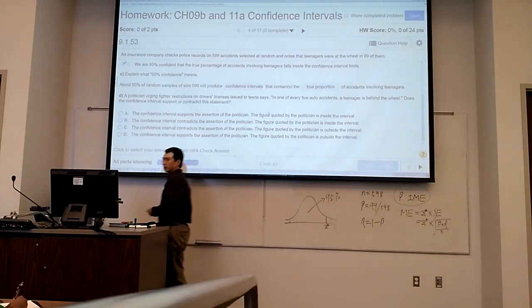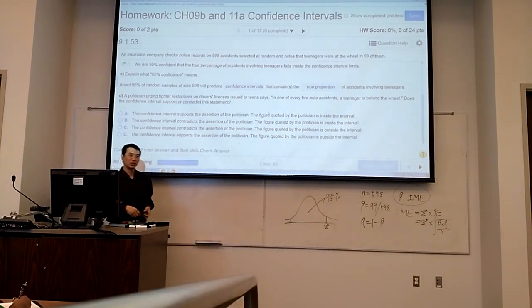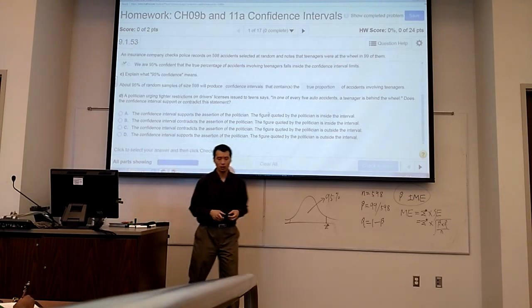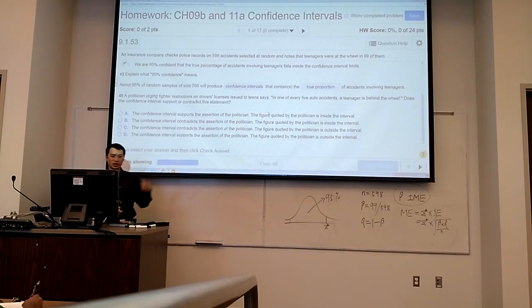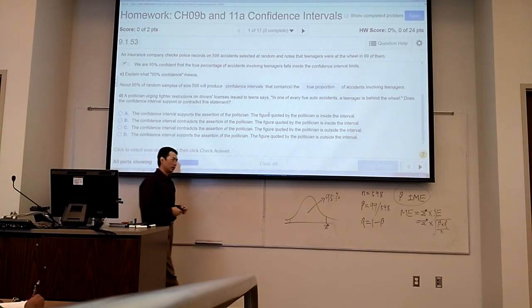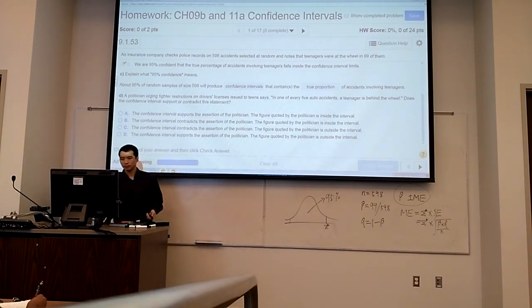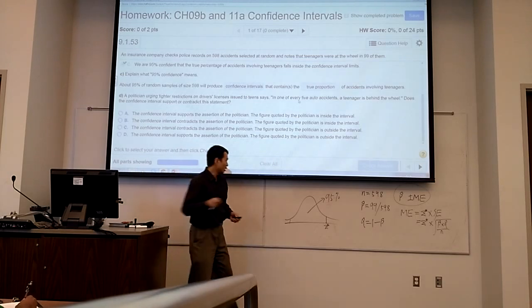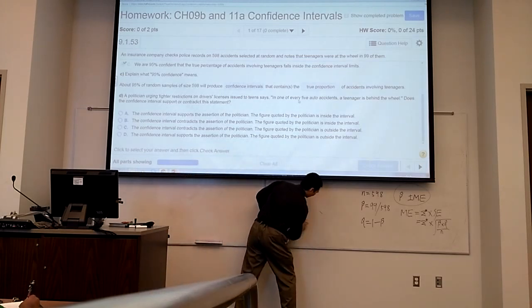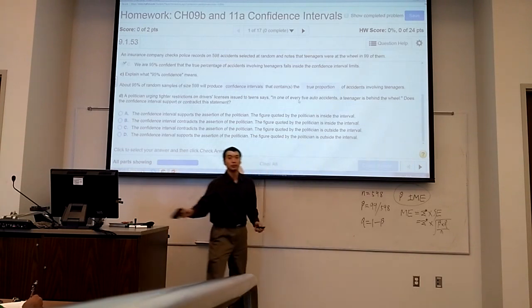So part D: after we have the confidence interval, how can we use it? Someone was using this information and said that in one of every 5 accidents, a teenager is behind the wheel. So the claim is about the population parameter.